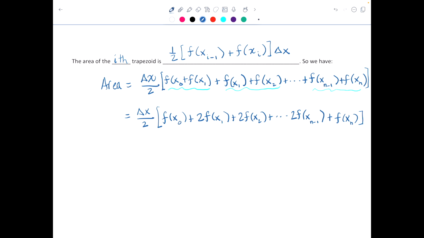Cool, cool? All right, so here's the evil plan. Do you see how all of these in the middle are multiplied by 2?